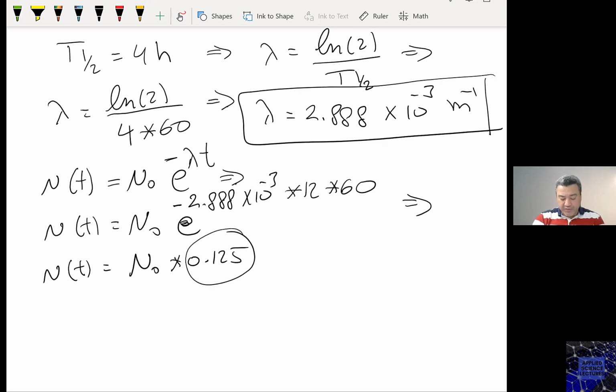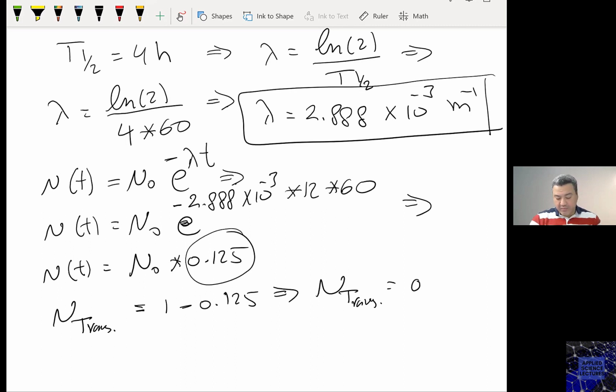I need the transformed, then the transformed is 1 minus 0.125, then N trans is 0.875 N naught, or N trans is 7/8.